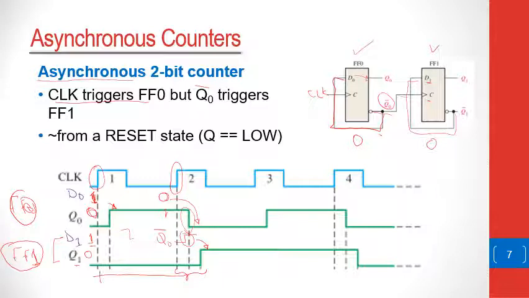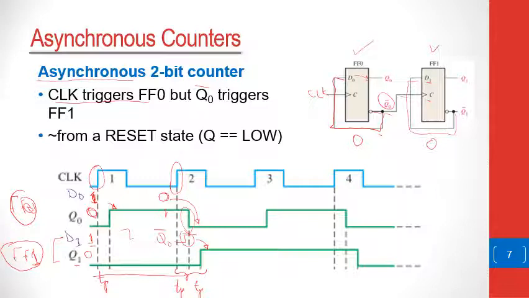So there's a single propagation delay for the state of flip-flop 0 to change. However, there will be two propagation delays for the state of the second flip-flop to change. If there was a third flip-flop, it would only change after 3 units of propagation delay.